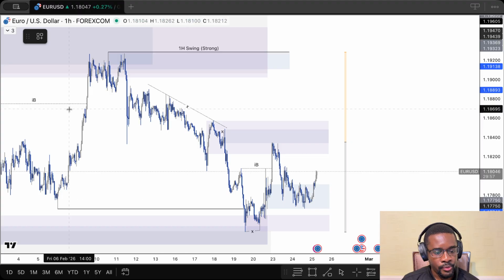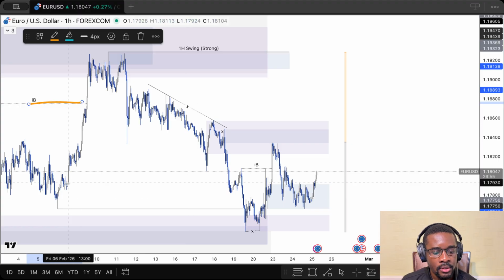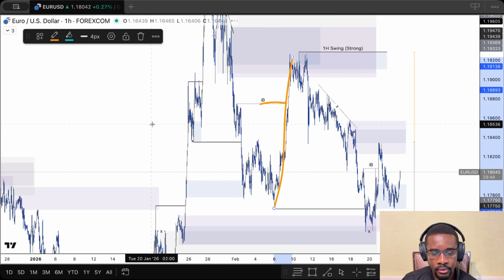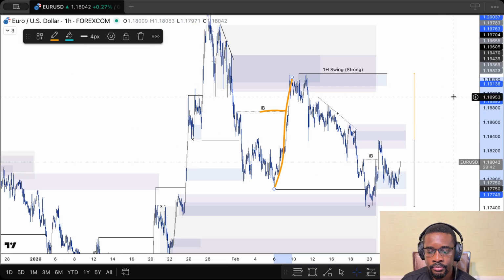From a structure perspective, internally we were bullish, both internally and from a swing perspective. No, so from a swing perspective, my bad.